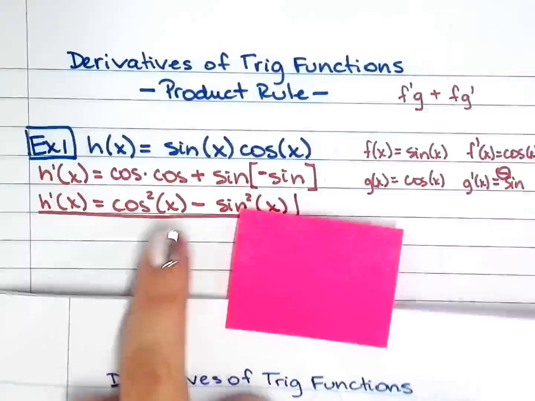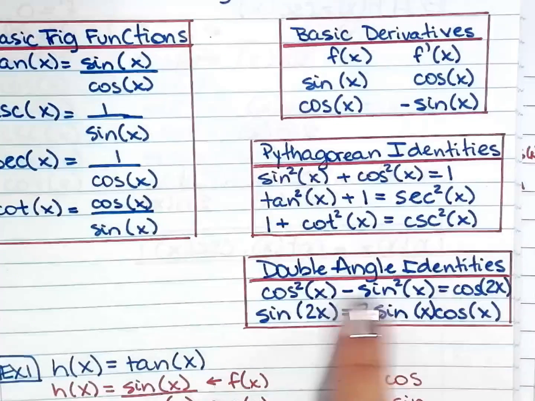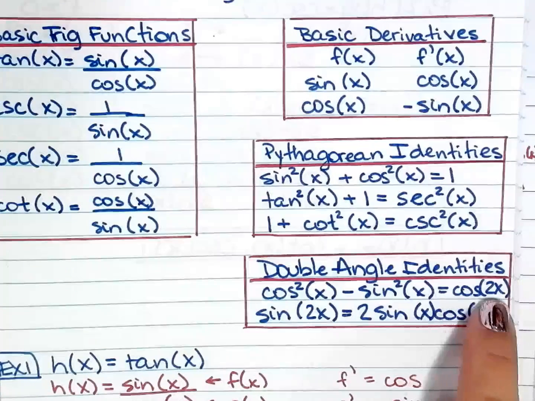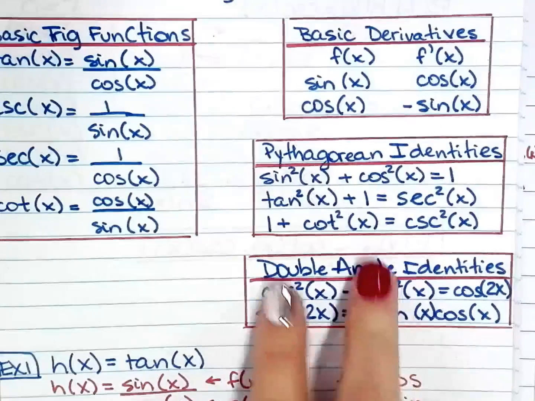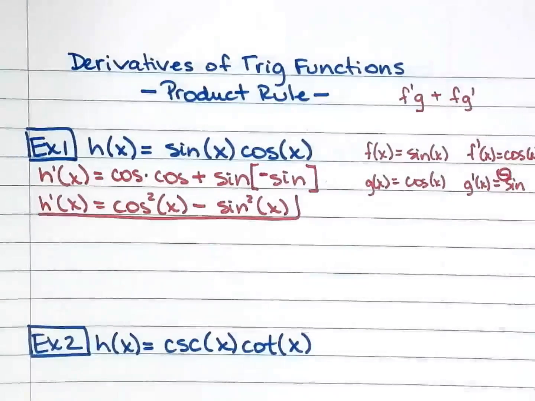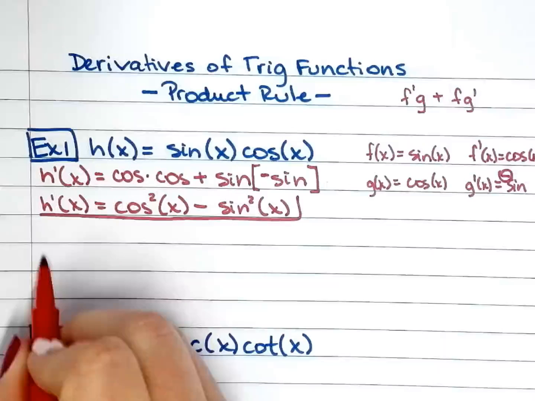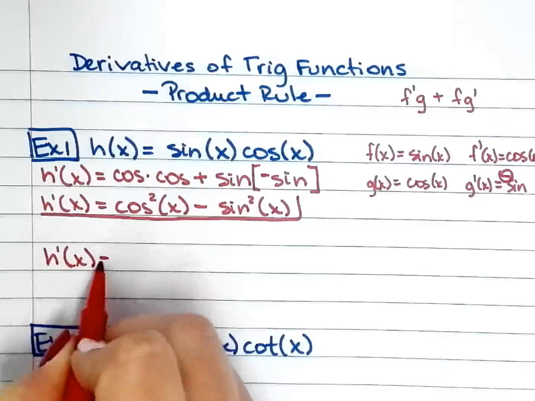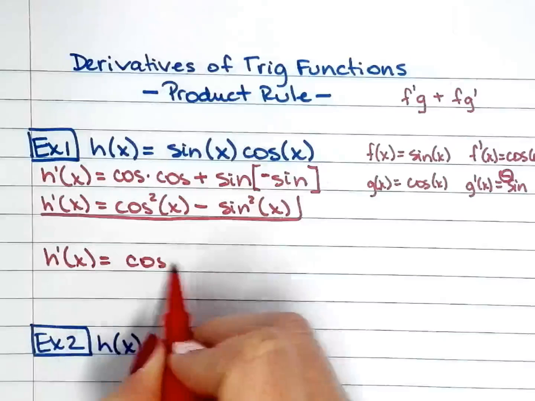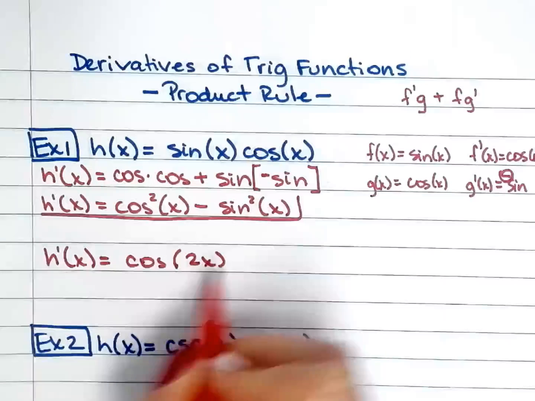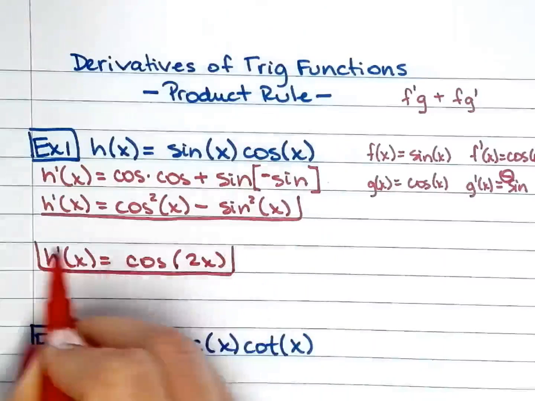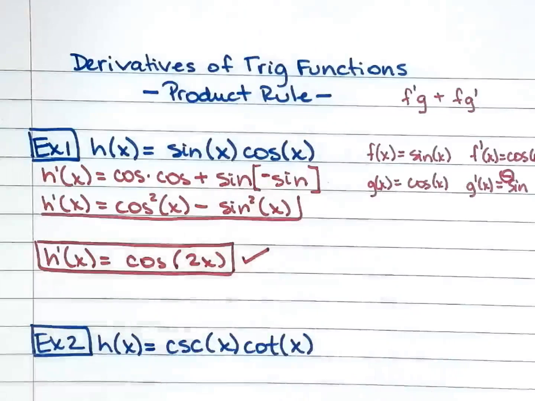But you go, well, how can I rewrite this? You can simply rewrite it as cosine of 2x, because that's the double angle identity. Okay, that's how you fully simplify that. That's how you get full credit for that one question. So h prime of x will be cosine of 2x. This one will give you full credit right there.